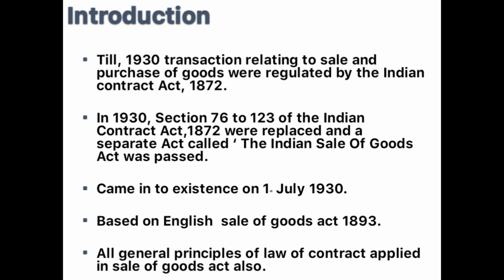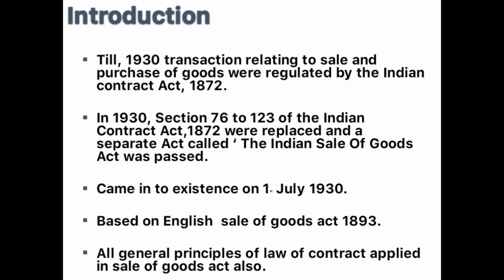Till 1930, transactions relating to sale and purchase of goods were regulated by the Indian Contract Act 1872. In 1930, Sections 76 to 123 of the Indian Contract Act 1872 were replaced and a separate act called the Indian Sale of Goods Act was passed.